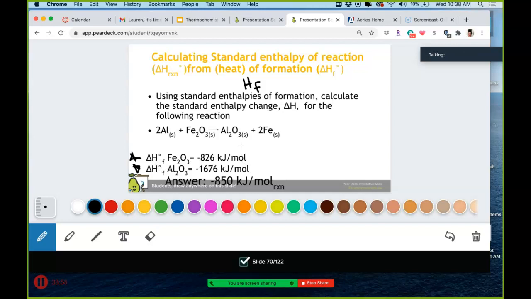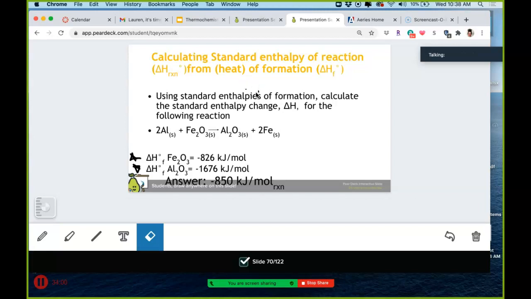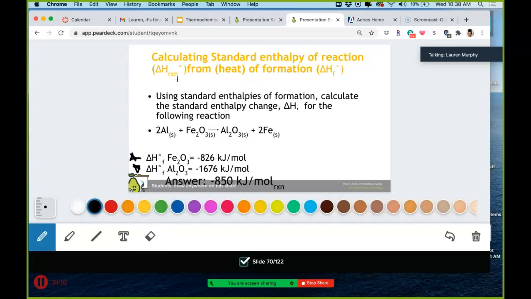So you go, okay, well, delta H of a reaction is going to equal all of our products added together, minus all of our reactants values added together. And you do have to consider coefficients. Remember, enthalpy changes when there is more or less stuff, so coefficients will matter.